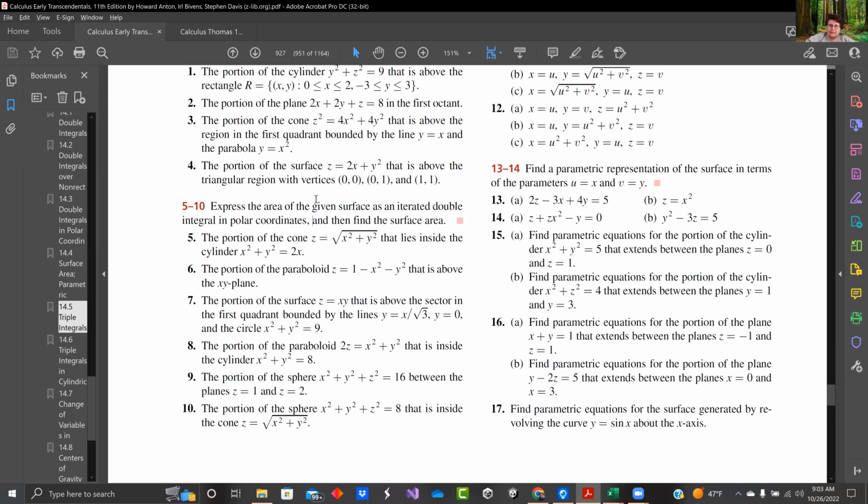That's bullshit, because that is not what it said. Oh, really? Look, it's still on the screen. Oh, convert and then do it. Oh, that's what you're saying. So finding the surface area, you do the surface area after you've converted it.